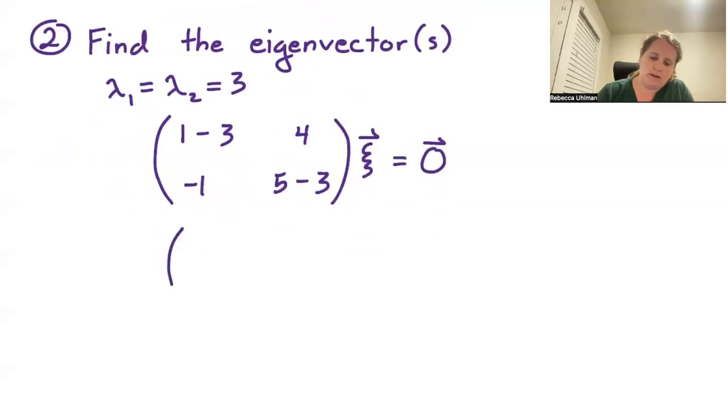So we are looking at the augmented matrix, negative 2, 4, negative 1, 2, with then augmentation, just the 0 vector.